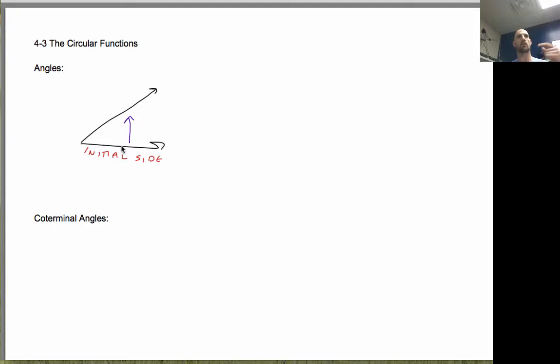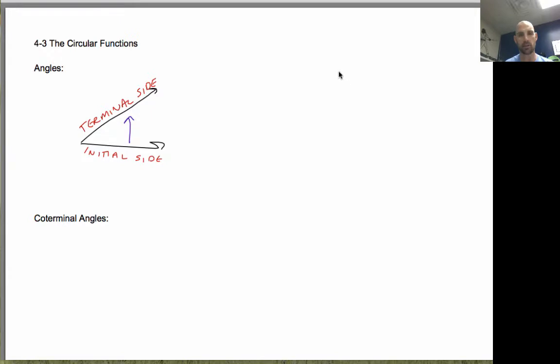At the very least, that's where we're going to start. So it's going to start there and open up, or open up negatively. And wherever it stops is going to be the terminal side. And so that's kind of where we can take our measurements from. How wide open is it?